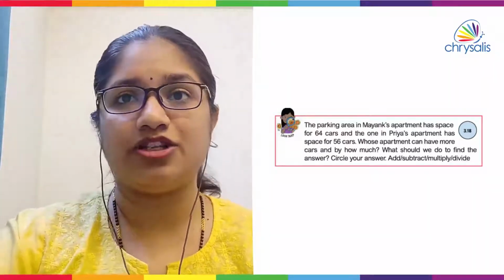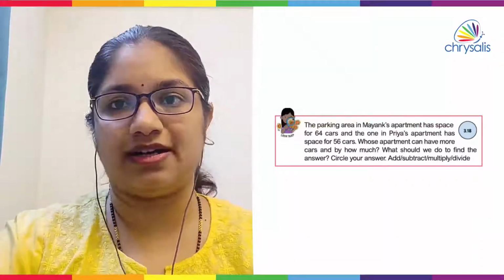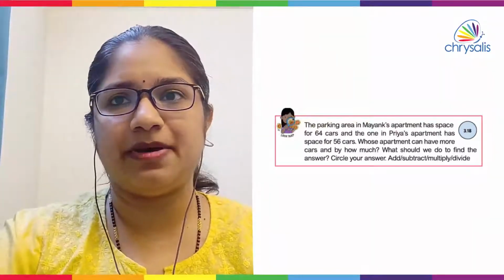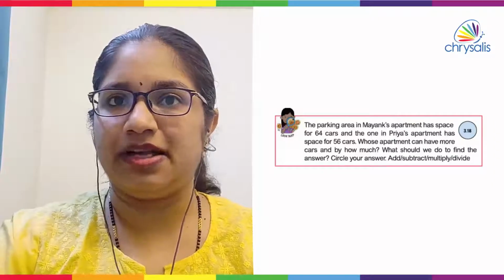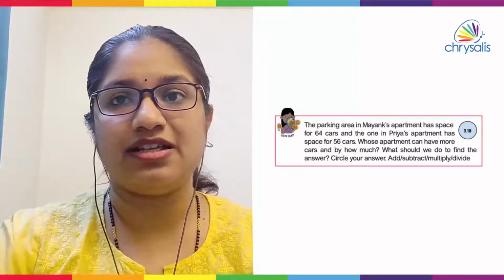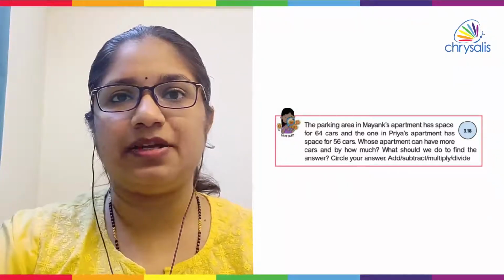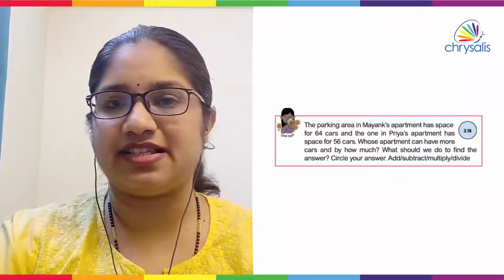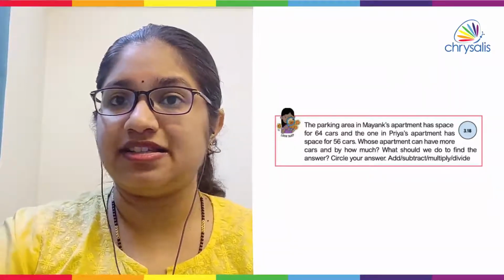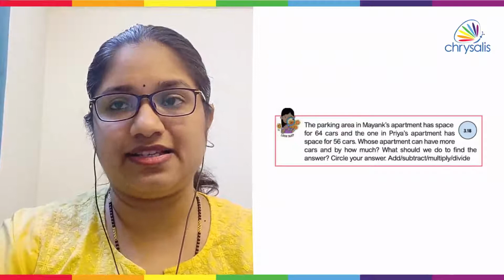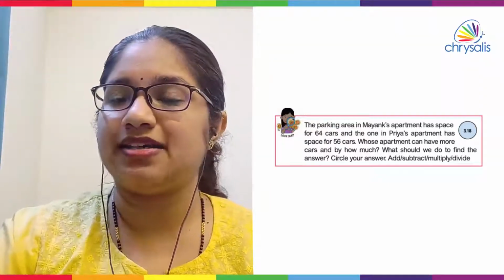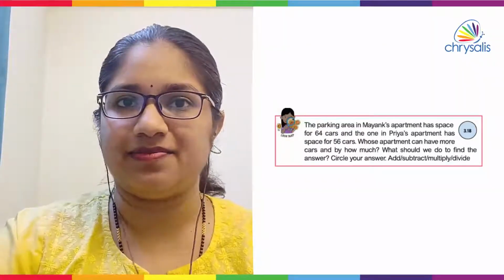To find out which apartment has more space to park cars, we will just compare the numbers. Mayank's apartment has space for 64 cars and Priya's space has 56 cars. Since 64 is greater than 56, Mayank's apartment has more space to park cars.